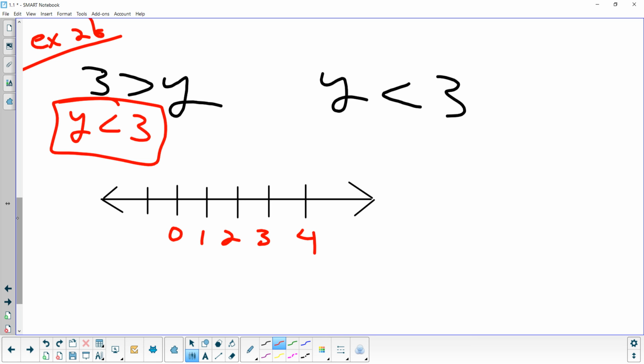Tyler, can you tell me what number? 3. Open on 3. And Sarah, which way would I shade? To the left, right? All the numbers that are less than 3. Less than numbers are to the left. And you can just do it right on the number line, just like that.